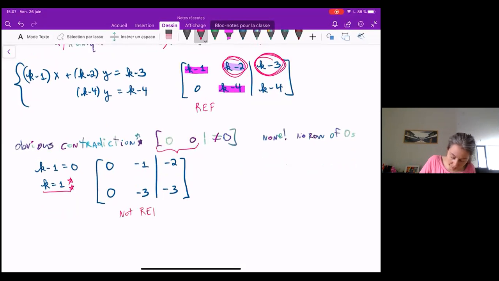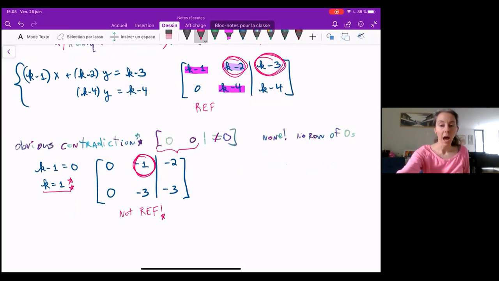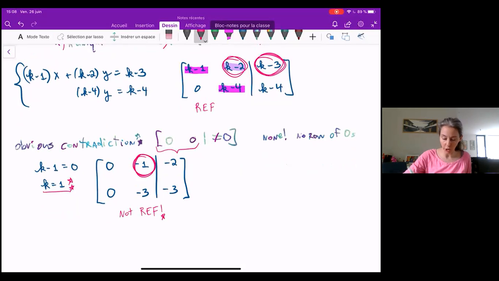I don't have a pivot in every column. The first column doesn't have a pivot in it. Because there is no pivot in the first column, my pivot in the second column is that negative 1. So I can't actually count the solutions just from looking at this. I'm going to need to finish the row reduction. Here, I'm going to do row 2 minus 3 row 1.